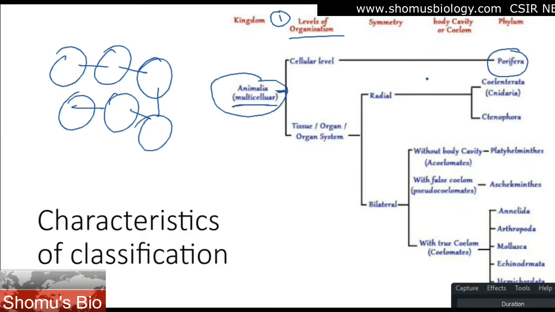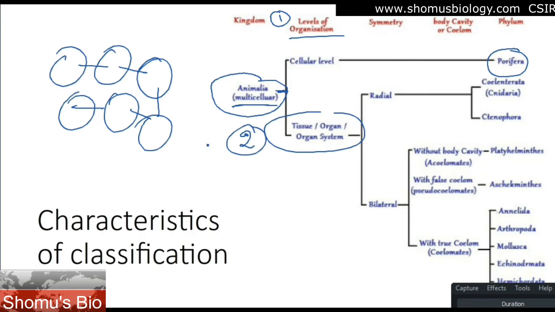Now the rest are the tissue organ and organ system level of organization, and that can be divided into two different types depending upon the second important property, that is body symmetry. What kind of symmetry are we talking about? The body symmetry can be either radial or bilateral.